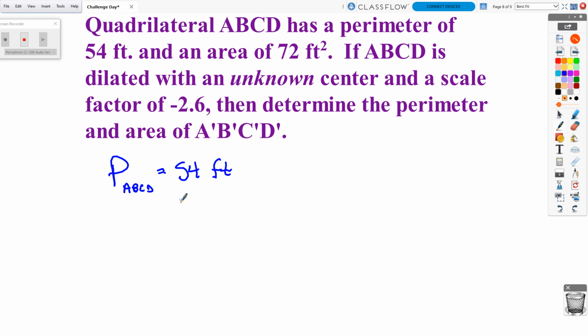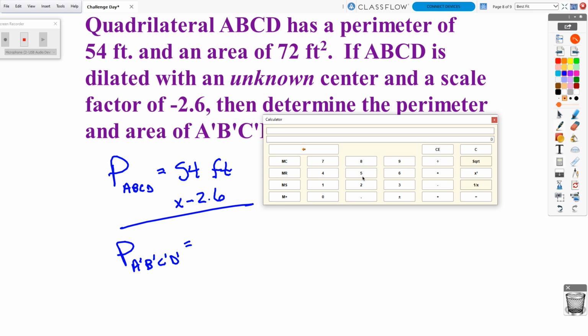Because if I take 54 and I multiply it by the scale factor of -2.6, and then I've got the perimeter of A prime, B prime, C prime, D prime, let's see, what does that come out to be? 54 times negative 2.6 equals, okay, so the perimeter is no, hold on, time out, negative 140.4 feet. And I would say, are you crazy?